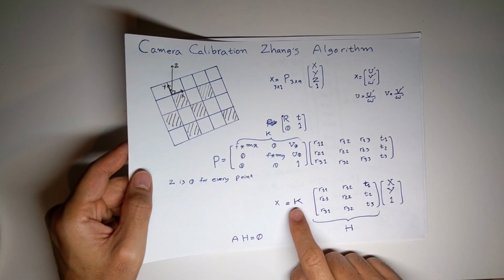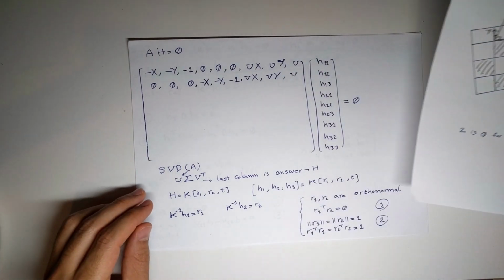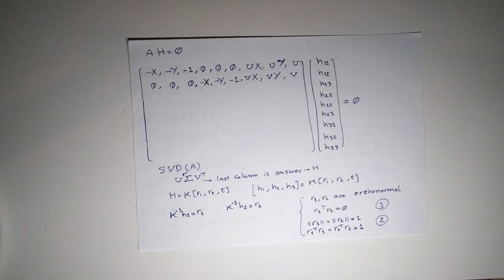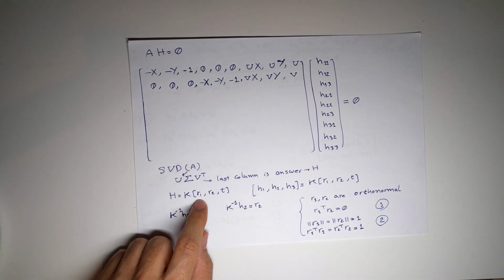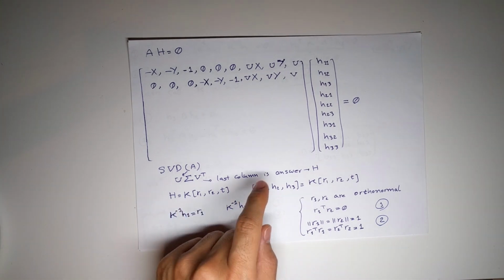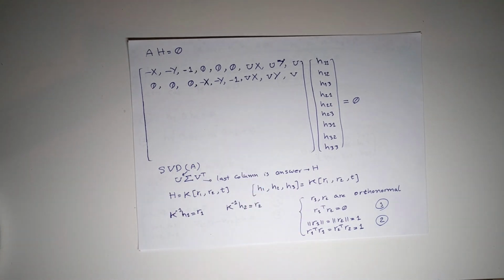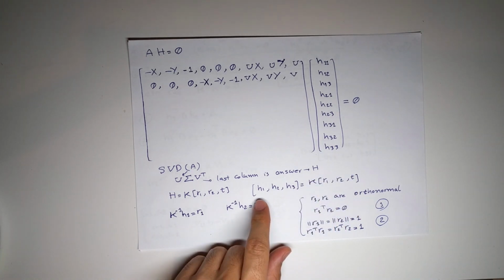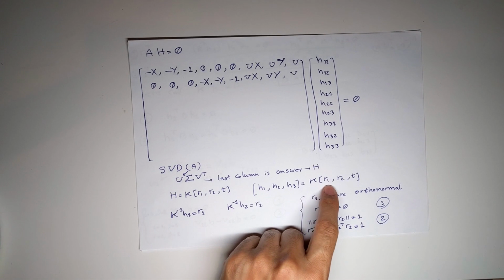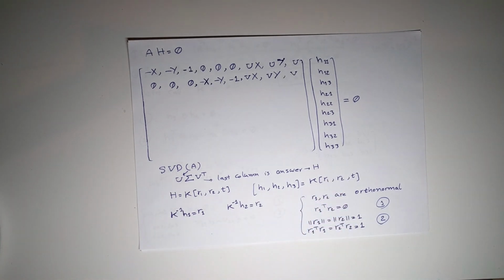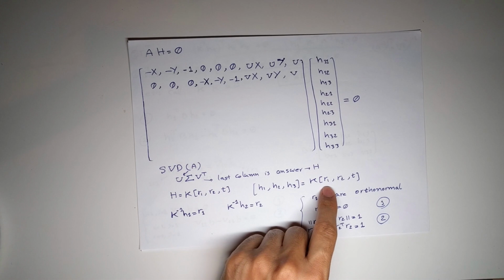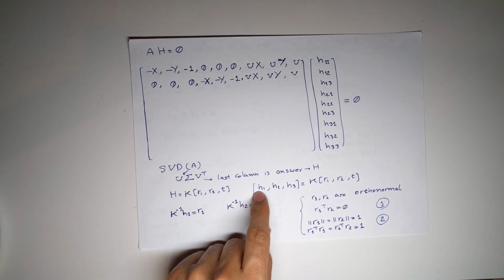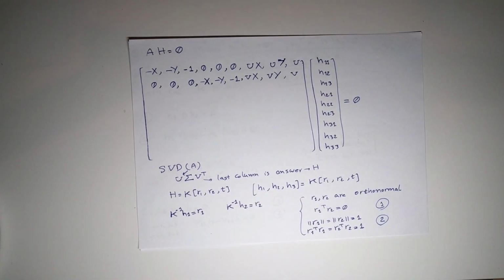If I multiply K by R1, I have h1. h1 is the first column, h2 is the second column, and r1 and r2 are column vectors. So the index means column. As you can see, h1 is K r1. So if I multiply by K inverse, r1 is K inverse h1. It's the same for r2.